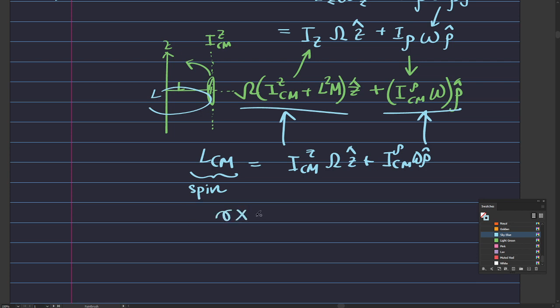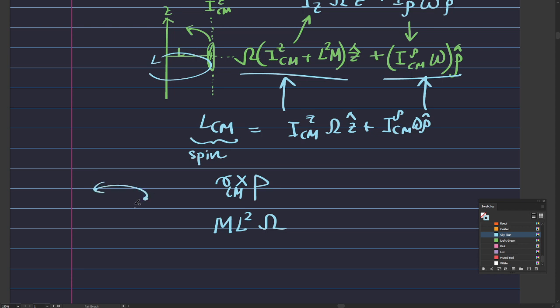So it's just r cross p, rcm cross total momentum, which is just ML square omega. MR square omega is just for a single particle moving. This is just angular momentum moving. This is the one about this point, which is called the orbital.